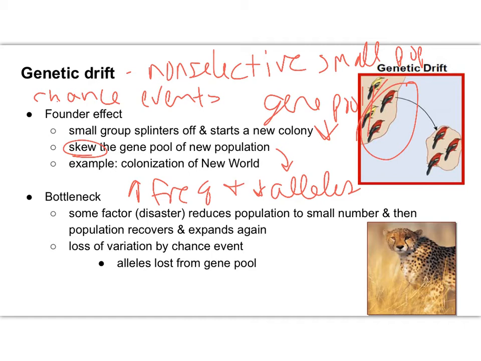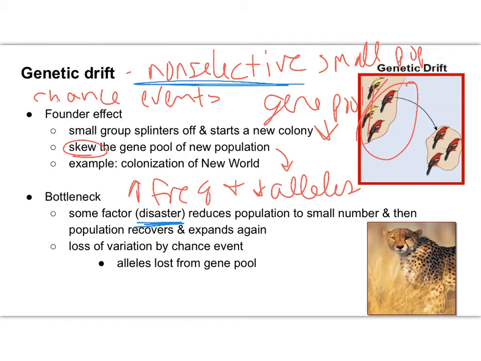Our other example here is the bottleneck. The bottleneck effect happens when some event, usually some kind of disaster, has happened. Again, remember this is an example of genetic drift, so it's a non-selective situation. This is a flood or a fire, where it doesn't matter if you're the alpha male, you could still succumb to the flood.